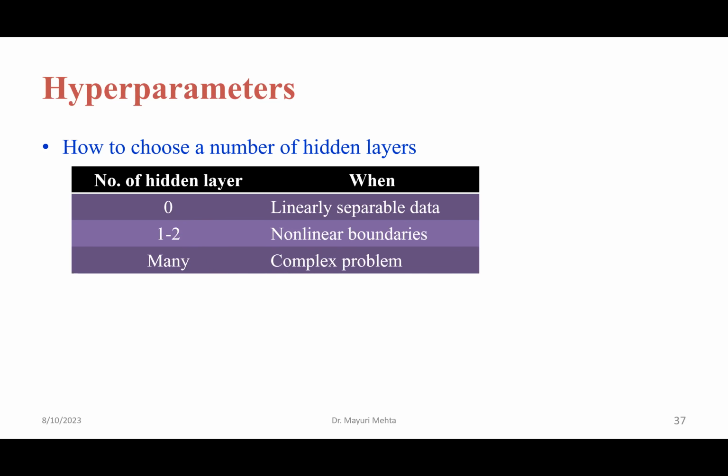The number of hidden layers is a hyperparameter that can significantly impact the model's performance. Increasing the number of hidden layers allows the model to learn more complex relationships in data. Still, it can also increase the risk of overfitting.